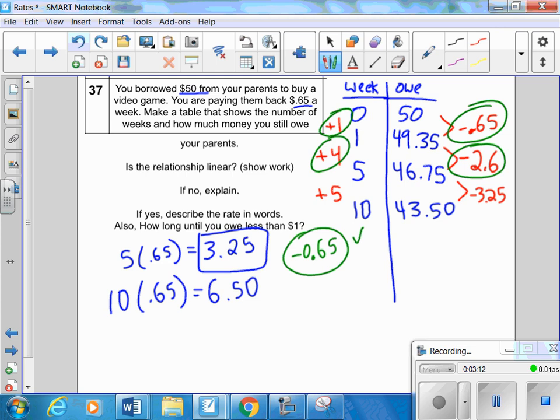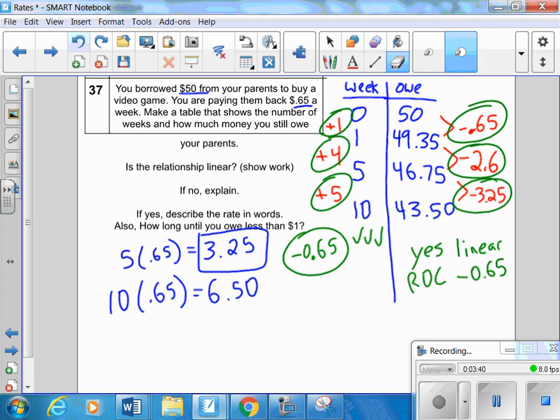You also get negative 0.65. And then finally, let's take negative 3.25 and divide by 5. Again, you get negative 0.65. So this is going to be linear. You say, yes, it's linear. The rate of change is negative 0.65.